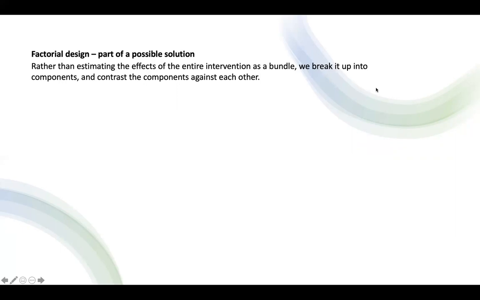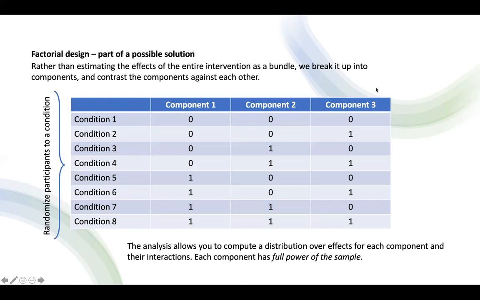Now, if you were not familiar with factorial designs, you would go, oh my God, then I'm going to need 8 arms and I'm going to need to recruit 800 more people than I expected to get the proper power and so on. But a factorial design actually solves this for you. So you don't have to recruit more people than you would have normally. And of course, we don't know how many people you need to recruit because that's a random number. It looks like something like this, okay?